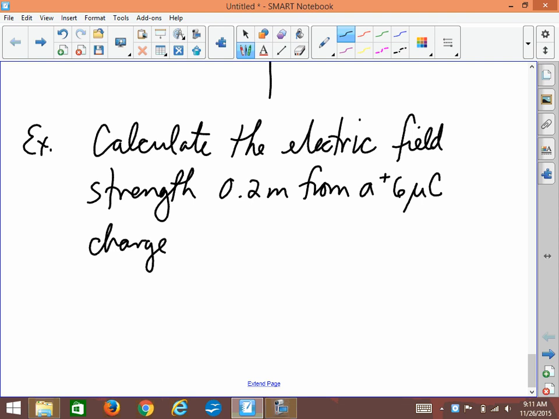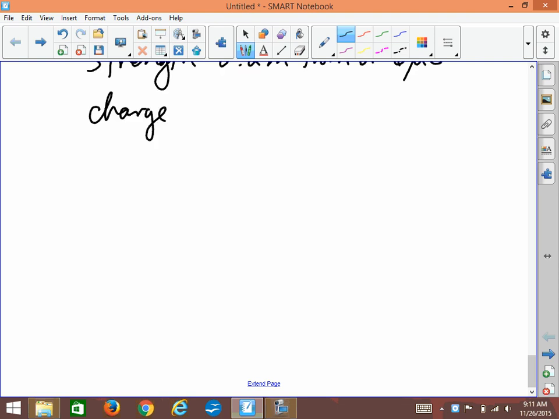All right? So we're talking about a microcoulomb. The 6 microcoulomb charge is here. I'll put 6 in there. Here's the charge, 6 microcoulombs. And it's what's making the field. So obviously in this question, I'm looking at the point of view of the object that's creating the field.